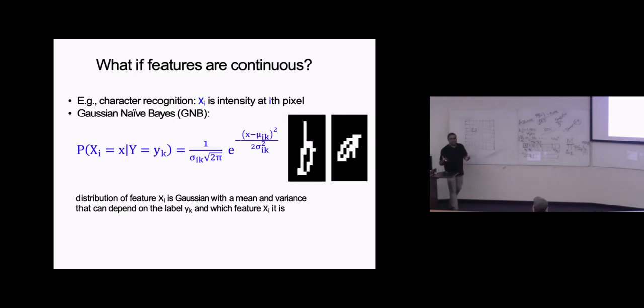So let's think about a classification problem. In text, how about numbers? Let's say I have some handwritten digits I want to classify. Here is an example: 1, 2, 3.